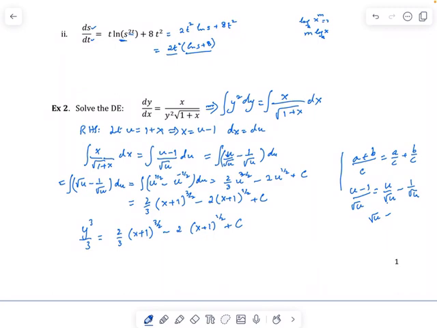Usually it is expected that you give the answer in explicit form if possible. In this case we can do that. First we multiply by 3.